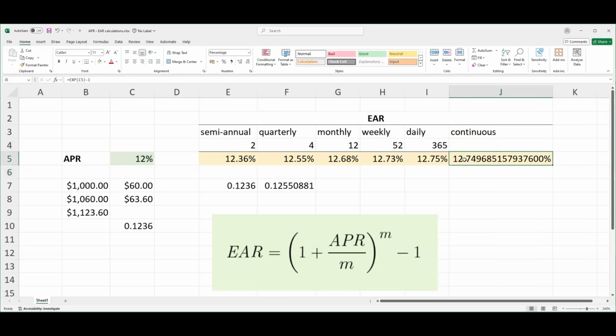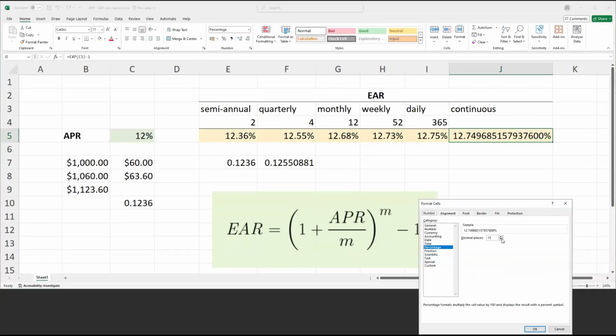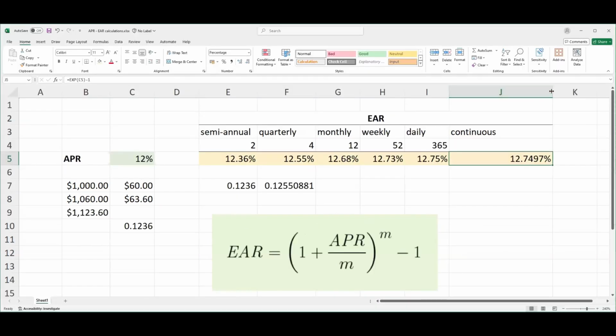There's some rounding, so let me format this more nicely, let's say 4 decimals. It should still be larger than daily compounding, and we can verify that by copying the format here. This is 0.7475, whereas this is 0.7497. So the continuous rate is a bit higher than the daily rate.